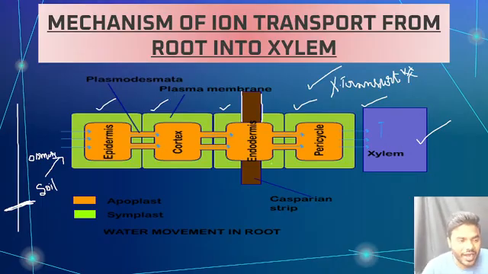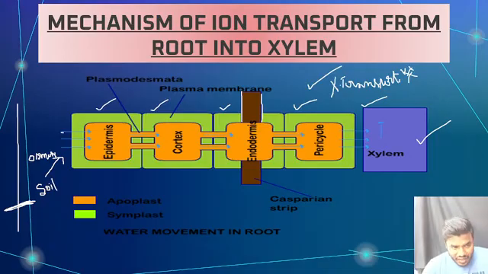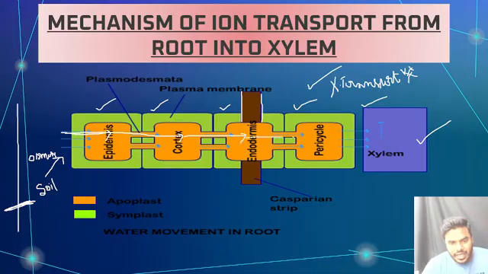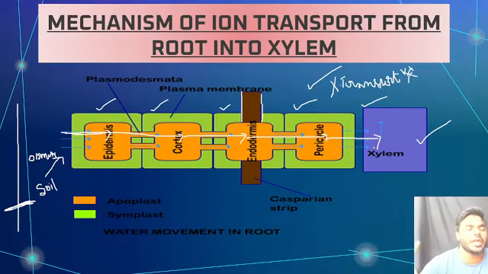Now every student pay attention. Whatever I am drawing in the white color, this is the movement of water molecules via the symplastic pathway. You only try to understand. The water molecule is moving from epidermis to the cortex, cortex to the endodermis, endodermis to the pericycle. Finally, they enter into the xylem.